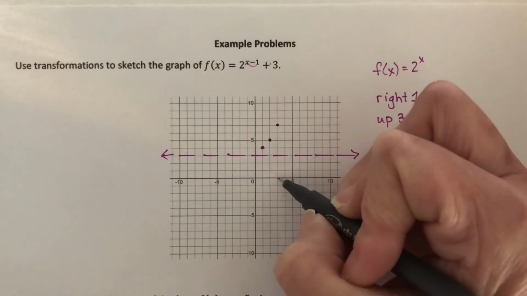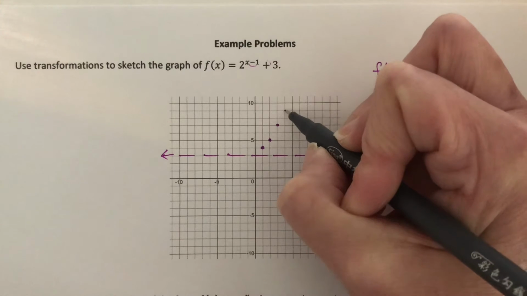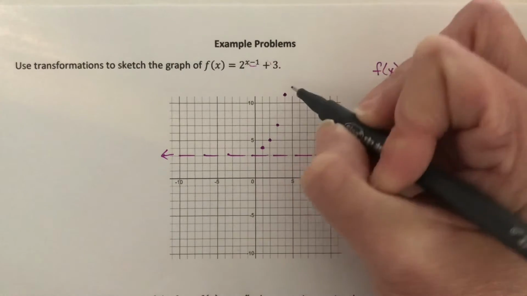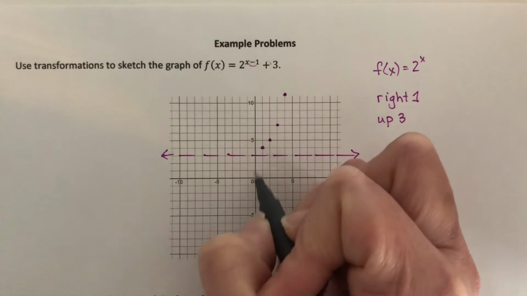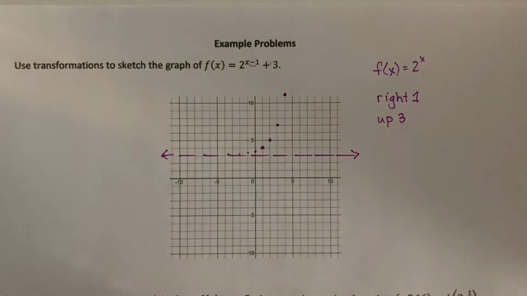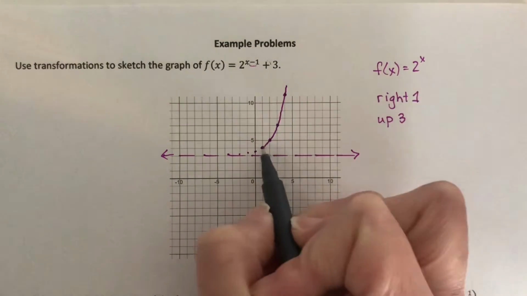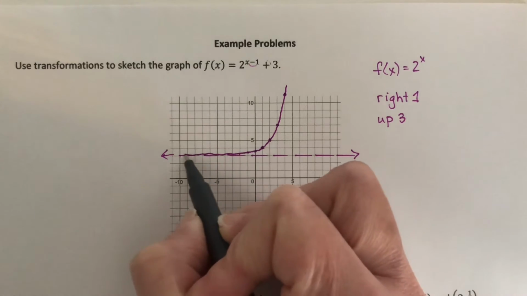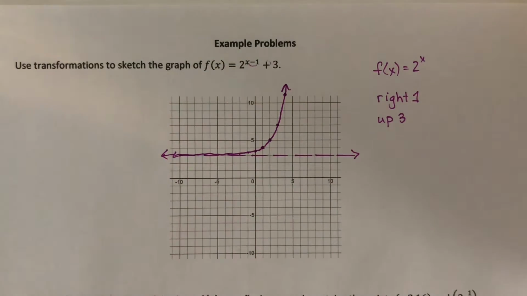And then I had 3, 8. Right 1, up 3 is about right there. And over here, that was 1/2, so it would be right here and then closer and closer. So this graph will look more or less like this. Everything that you've done before is just a new graph to start off with.